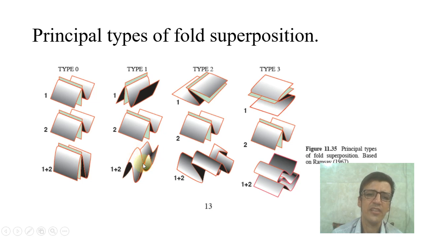I don't know why this special vocabulary was created here. However, type 2 and type 3 are the same thing. We have this kind of fault at first. If the direction changes to this, we have this kind of complicated fault.